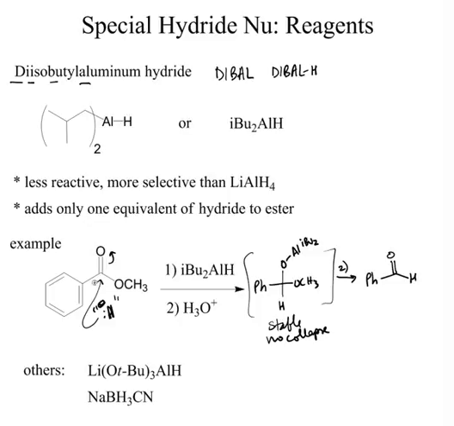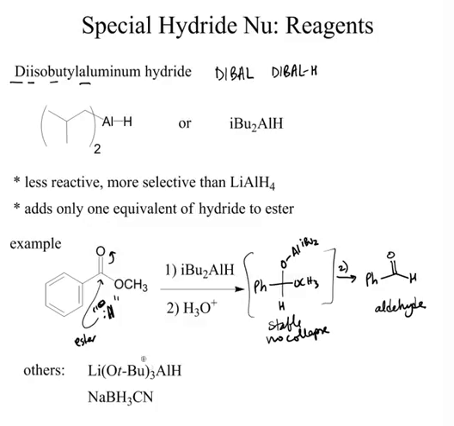So you take an ester, and you could just do a partial reduction of that ester by doing a single addition elimination, a single substitution reaction, and not having a second addition added in. So you can go from an ester to an aldehyde with a special reagent like diisobutyl aluminum hydride.